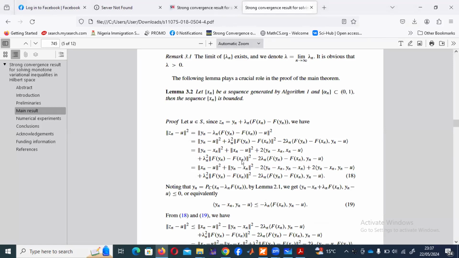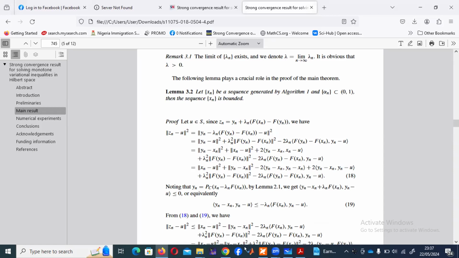They have done an addition and a subtraction here. They have worked on this first term, Yn minus P squared. They've added and subtracted Xn.